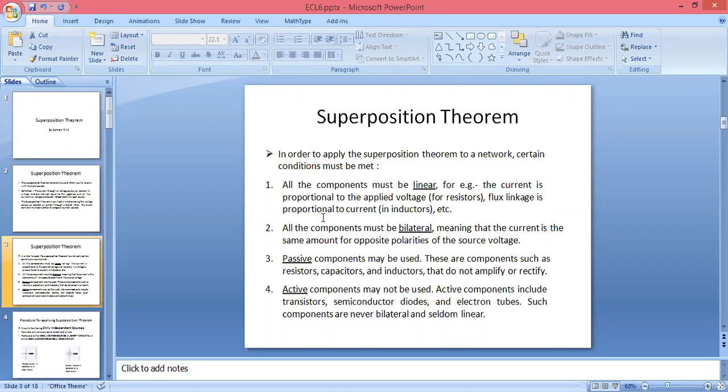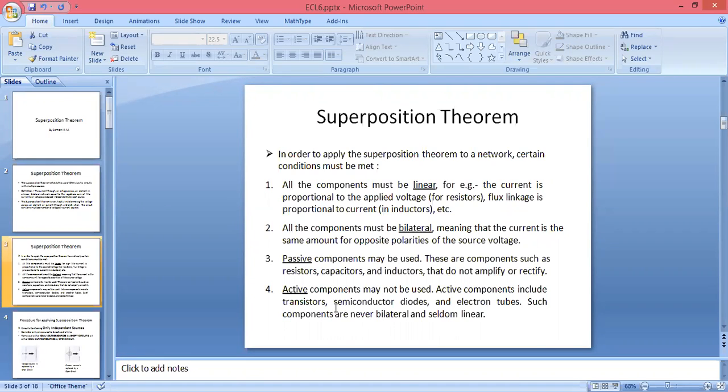And in that circuit, only passive components may be used. Passive means what? We can use resistor, capacitor and inductor. We cannot amplify or rectify the value of energy sources. So we have to use only passive components.